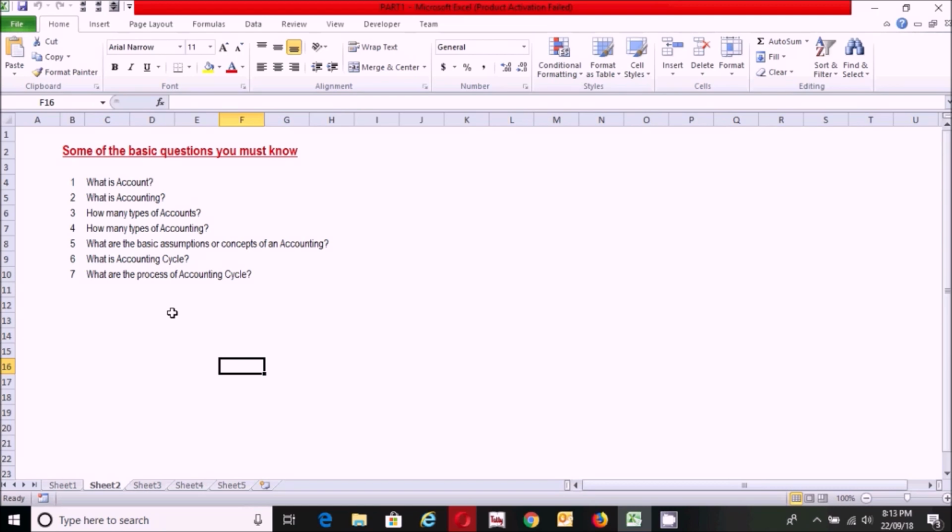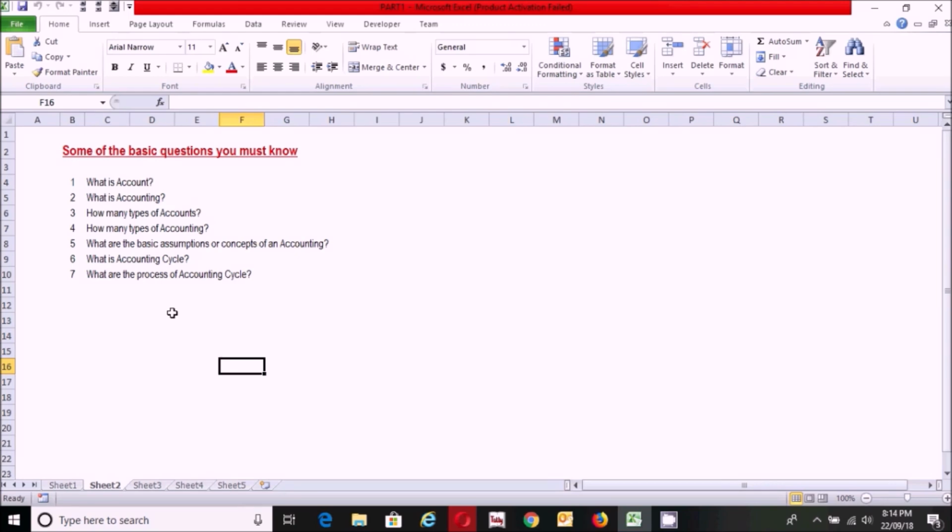Now the second one is, what is accounting? Accounting is the process of identifying, measuring, and communicating economic information to various users, including management of the company, stockholders, creditors, financial analysts, and government agencies. Basically, there are two types of users: internal users and external users.